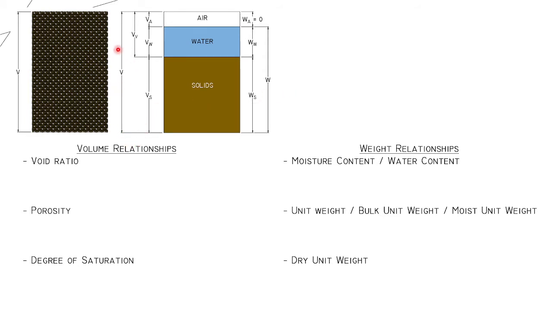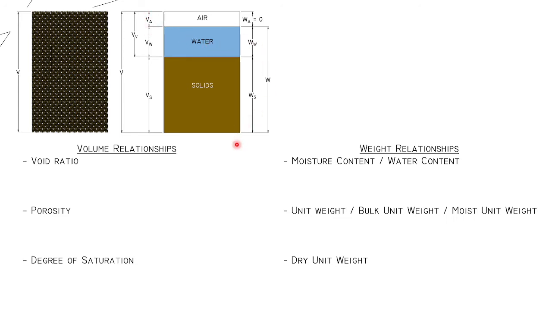We have here V as the total volume of the soil sample, and Vs is the volume of soil solids. Vv is the total volume of voids. And Vv consists of the volume of water plus the volume of air.